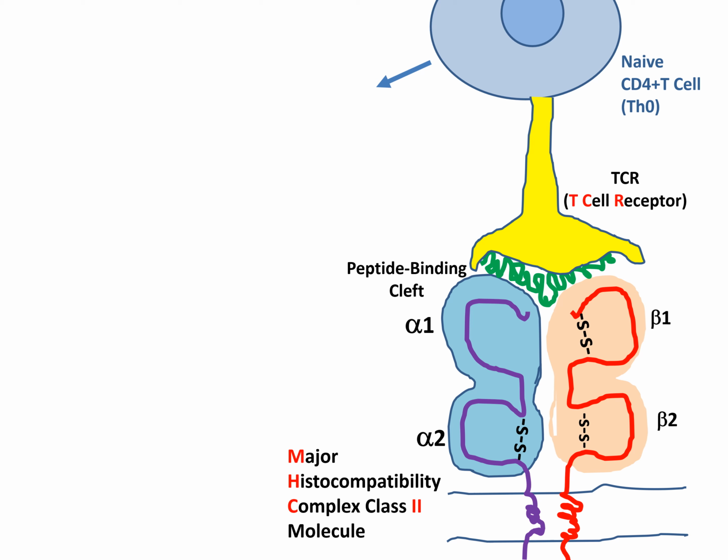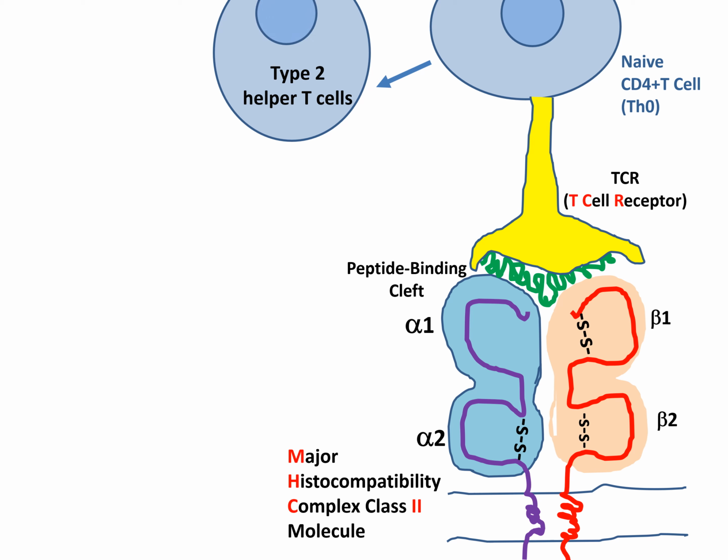And whenever they are activated, they are going to induce T cell differentiation into two types of helper T cells, 1 and 2. So here we are dealing with type 2.